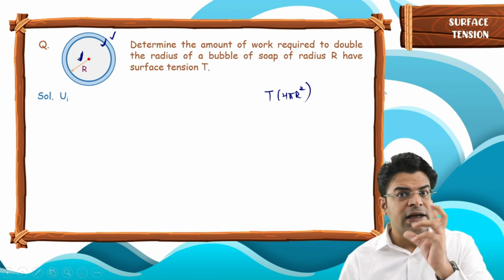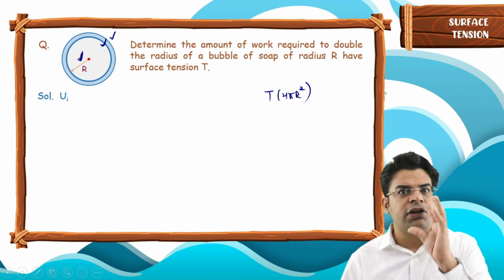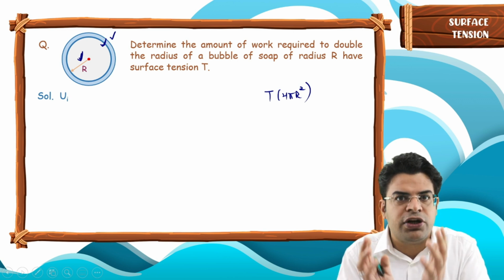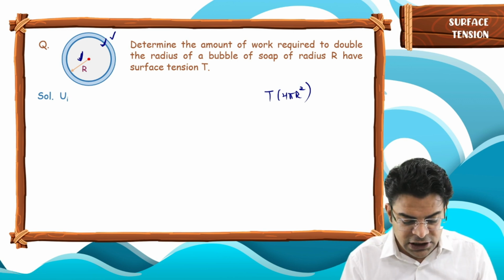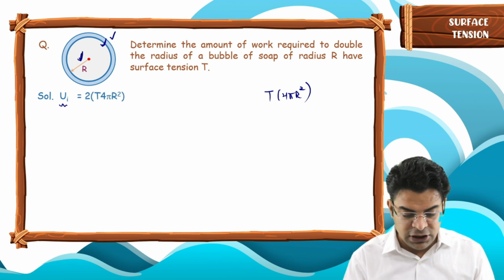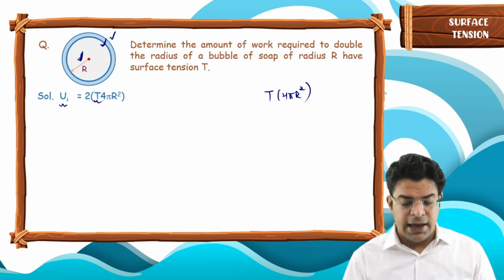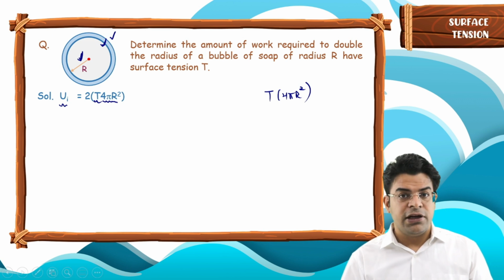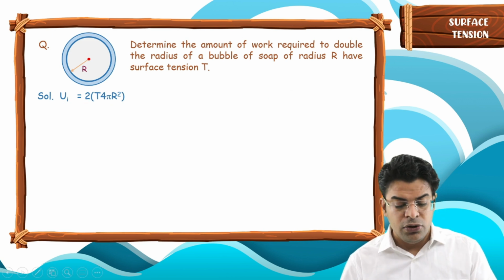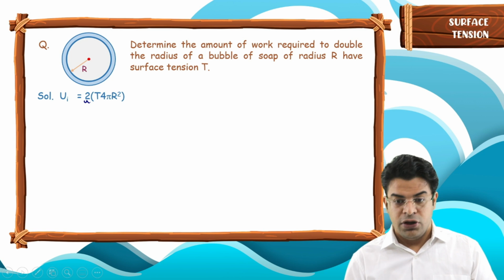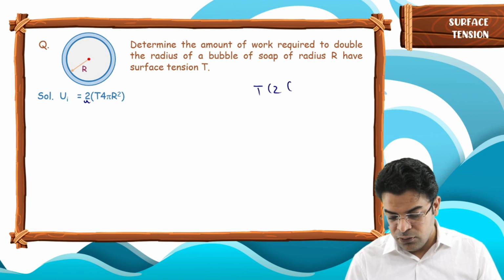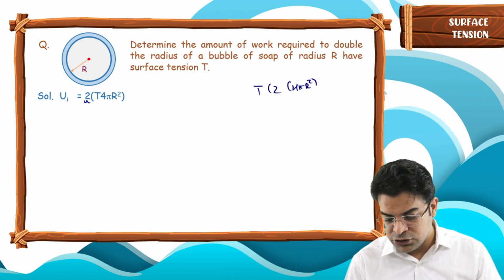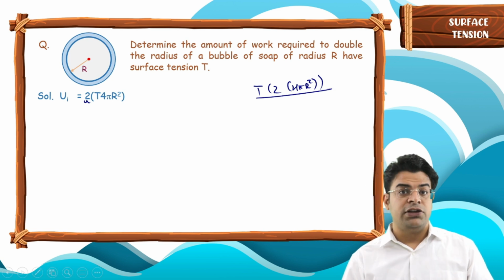So when you write the initial surface potential energy of the soap bubble, it equals surface tension times the outer surface area multiplied by 2. Why 2? Because there are two surfaces. So you will get T into 2 into 4 pi r square. This will be your initial surface potential energy.